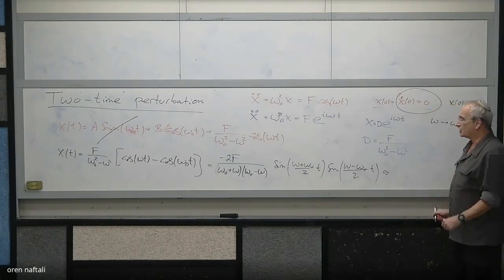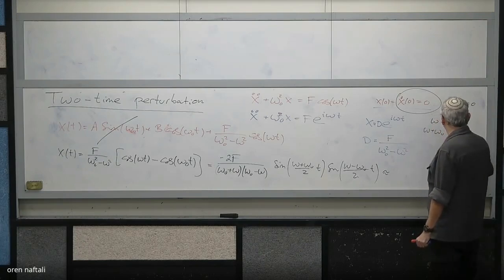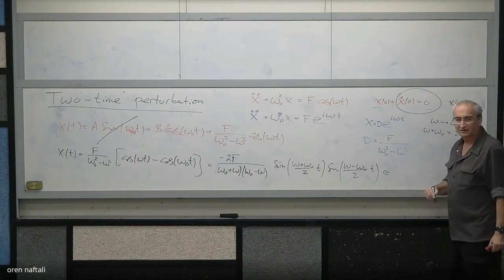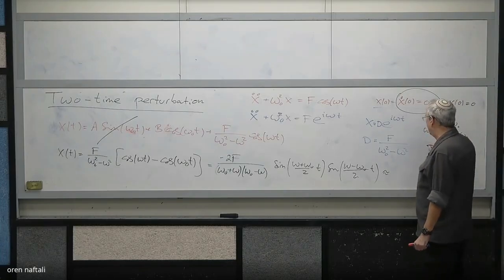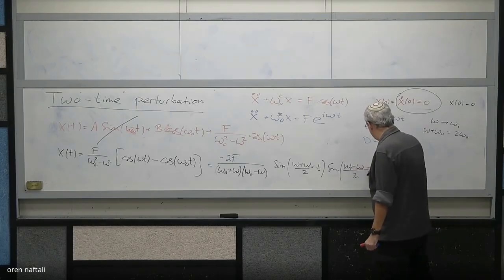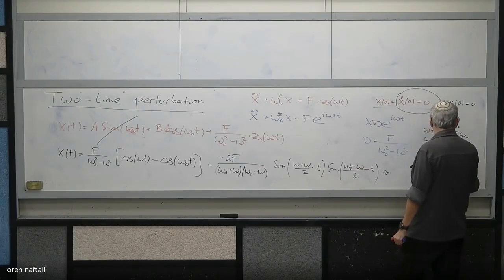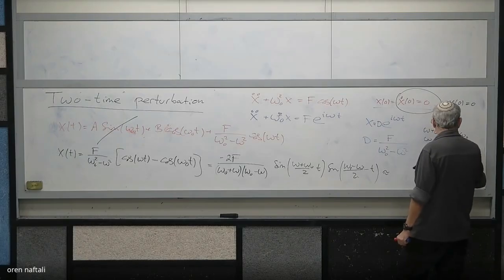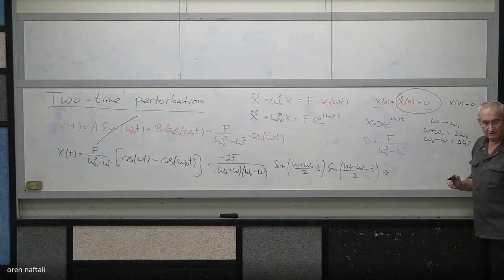My approximation will be that omega plus omega naught, I will write as 2 omega naught, or 2 omega, who cares. And omega naught minus omega will be written as delta omega. This is a small parameter.